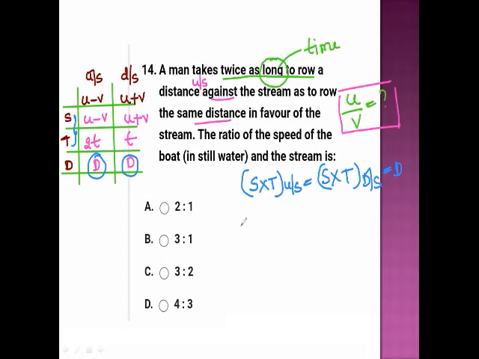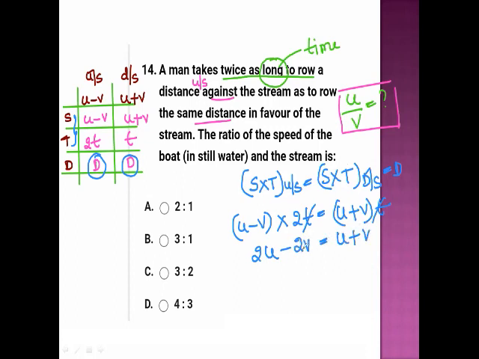So this becomes u minus v into time 2t, equal to u plus v multiplied by time t. The t will get cancelled, so you get 2u minus 2v equal to u plus v. So u is equal to 3v.